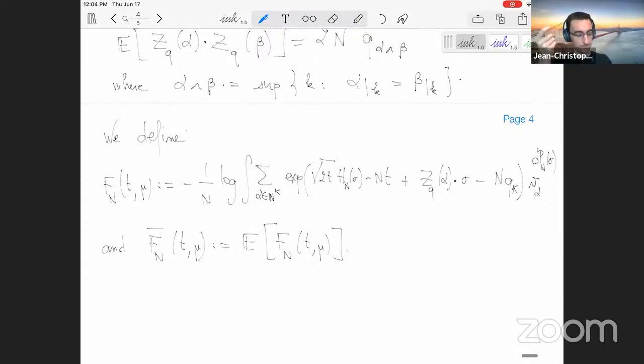No, Q, I mean the vector of Q's. When I write ZQ, I mean the vector of Q's. The ZQ depends on all of the Q1, Q2 up to Qk.